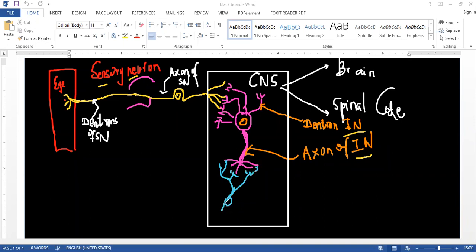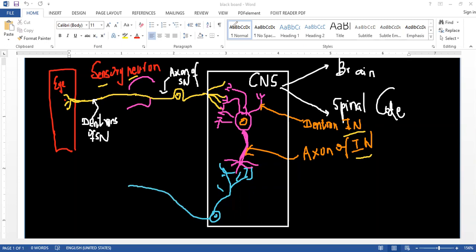Now it's moving here. The cell body and axon are present in the central nervous system. So it could be something like this. This could be the place. So I'm just drawing, and it is coming here now.